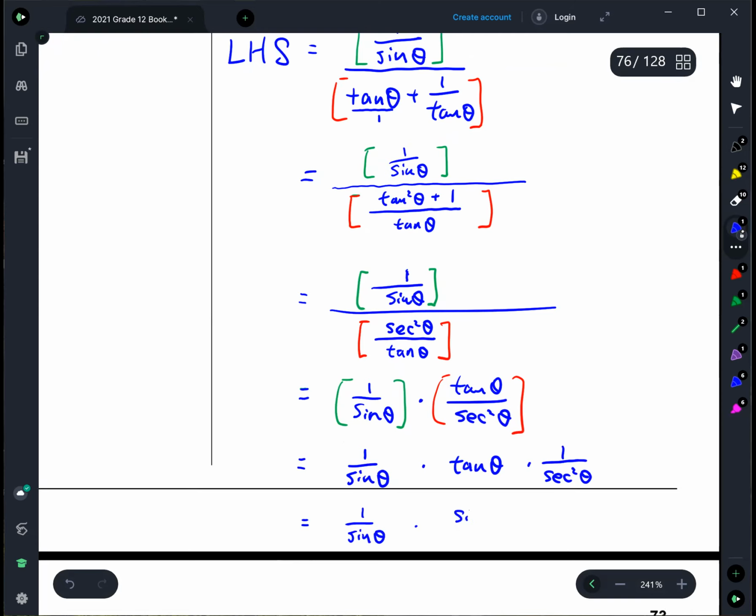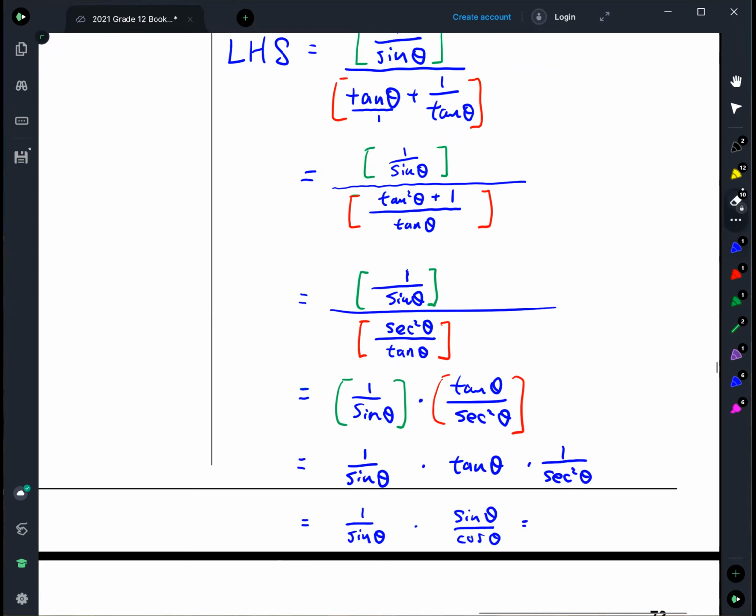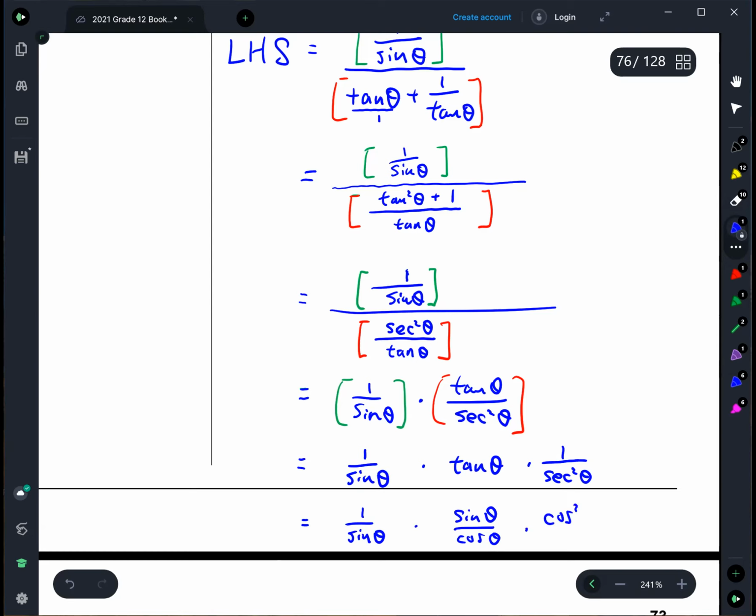Tangent becomes sine over cosine. And secant, no, I shouldn't put equal. Secant square is the reciprocal of cosine square. Secant is, so if you flip it, it becomes cosine.